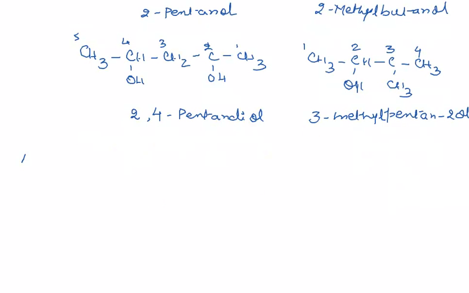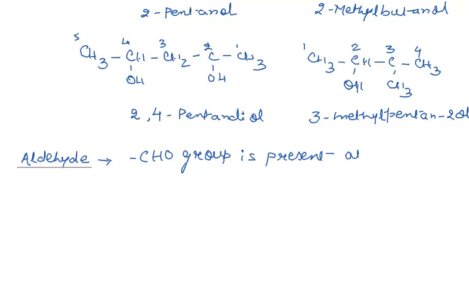And one thing you should remember, in aldehydes the CHO group is always present at the terminal carbon atom, that is the first carbon atom.